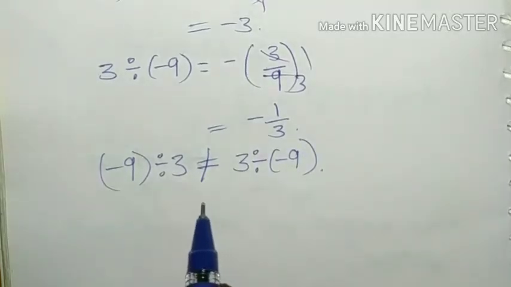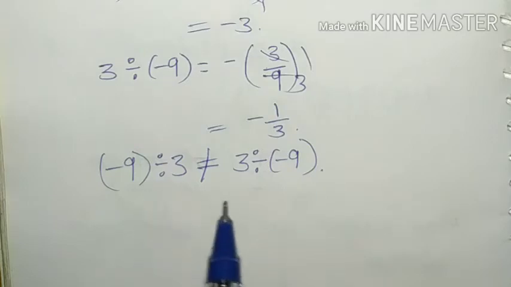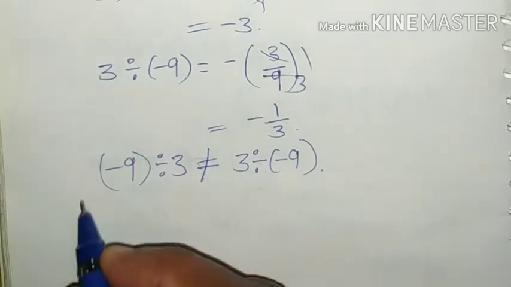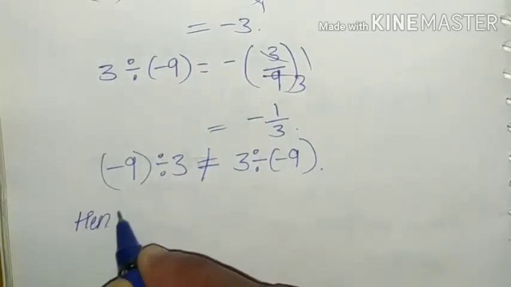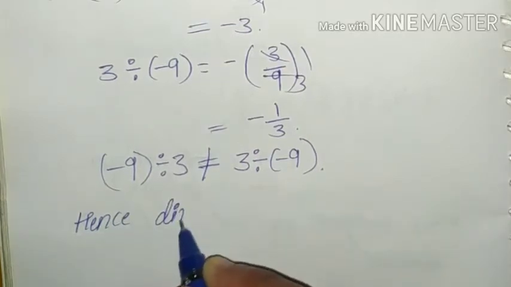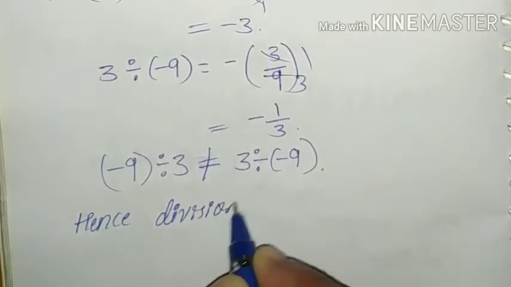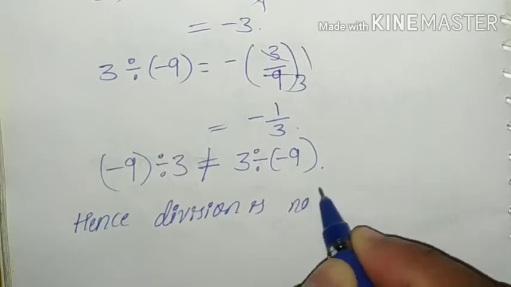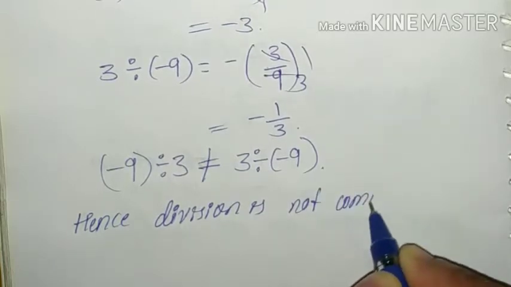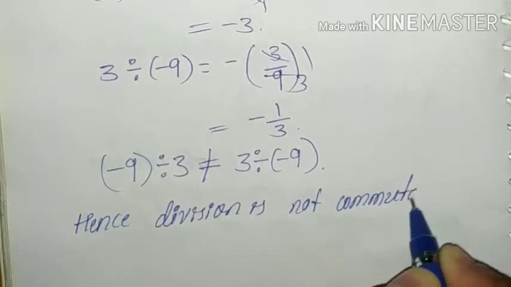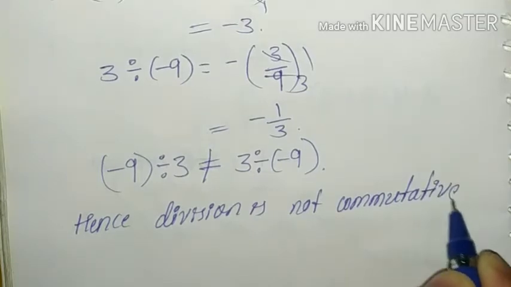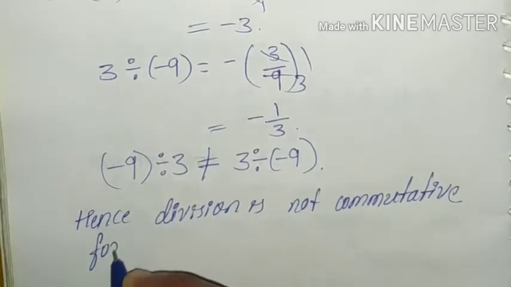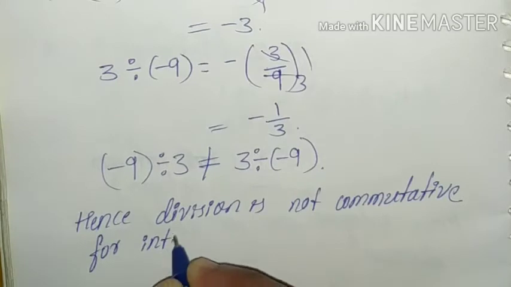Therefore, what? Division is not commutative for integers.